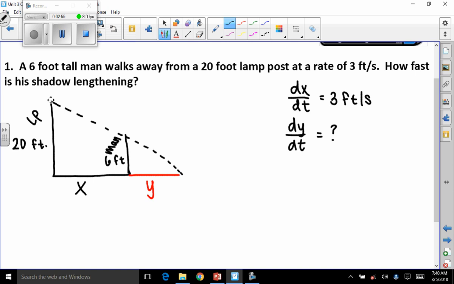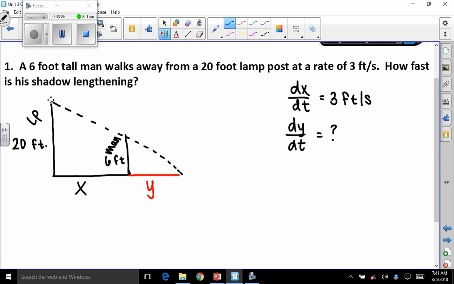Okay. So we have some triangles here, yes? And when you have one triangle inside of another triangle, what do you know about those triangles? They're similar figures, right? So our equation is actually going to be a proportion, right? So do you want to do the little triangle first or the big triangle first? Okay, so in the big triangle, we have a height and we have a base, correct?